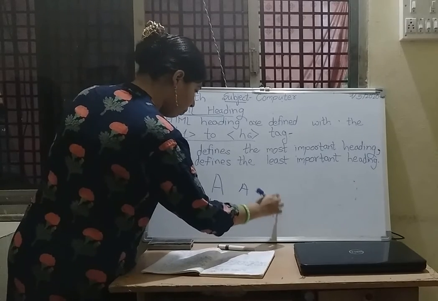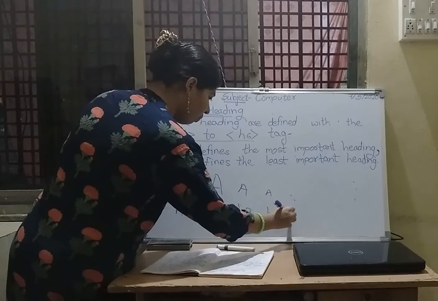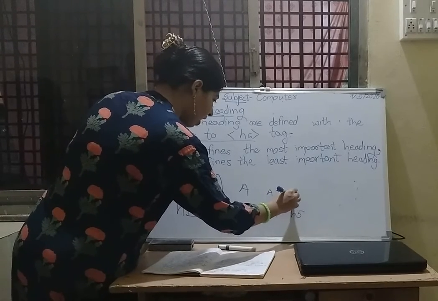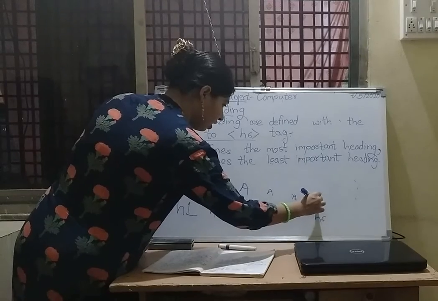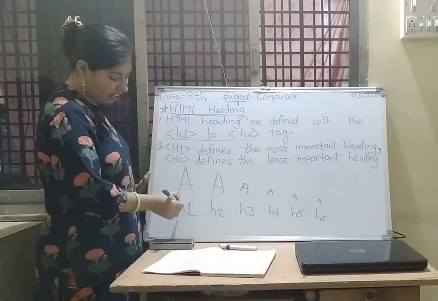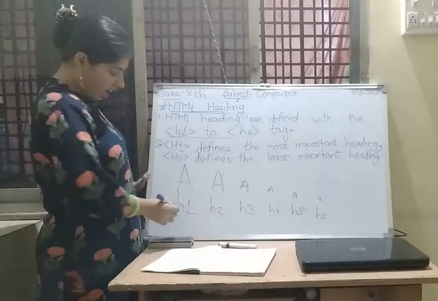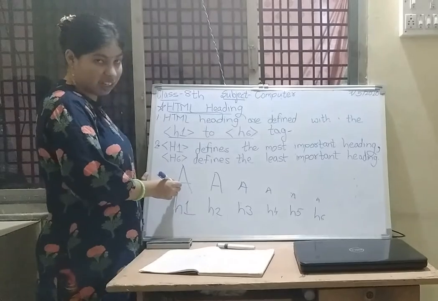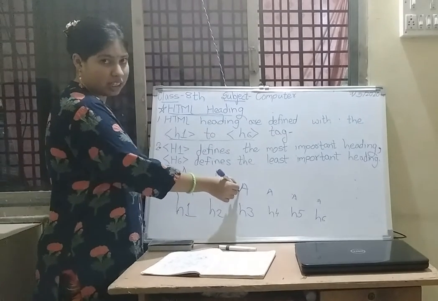Again H4, it is again smaller. H5 type of heading is again smaller, and the H6 type of heading is the least important type of heading. So here you can see that I have written one alphabet, called A, and H1 has the bigger size, H2 has the smaller, again H3 has the smaller size than H2.